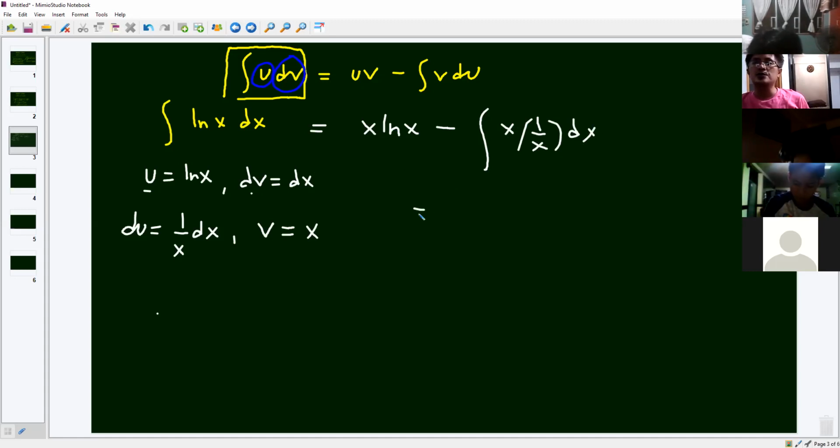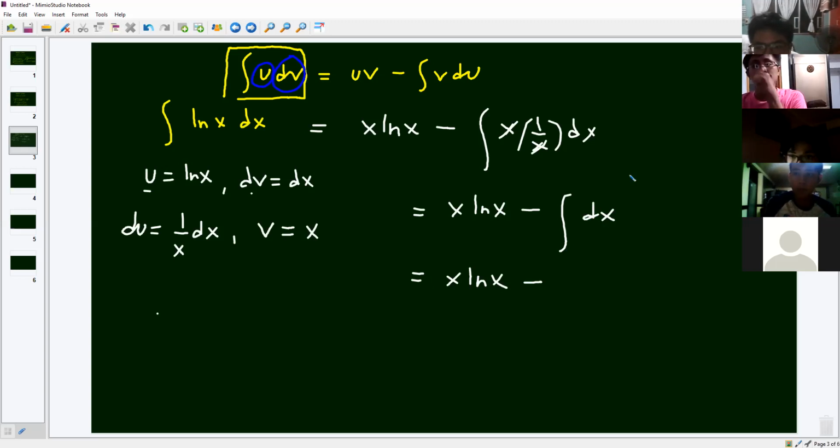So it becomes x ln x minus the integral of x times 1 over x, which cancels out, so it becomes just dx. So you have x ln x minus, what is the integral of dx again? x plus C. And I said the plus c comes at the end. So the integral of ln x dx equals x ln x minus x plus c.